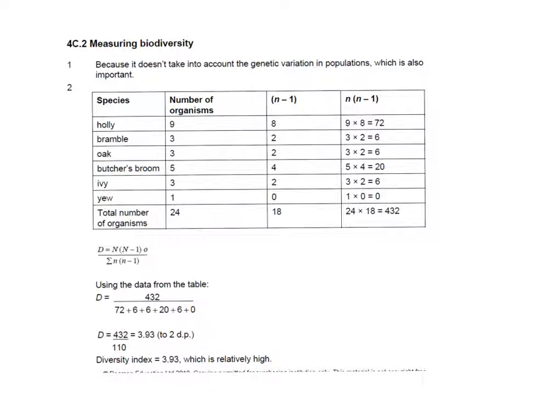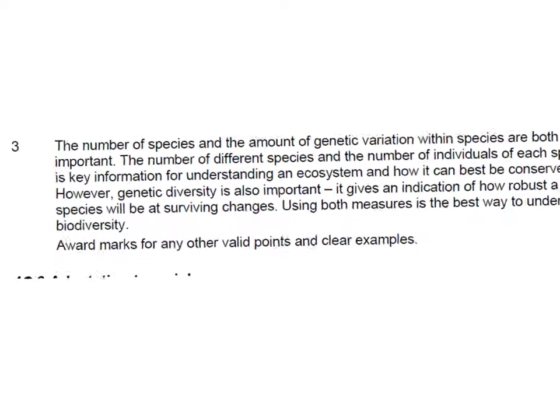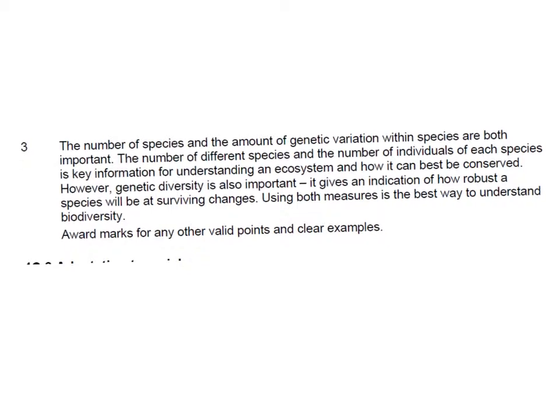Question 3 was asking, using the information supplied and other sources, discuss why it's important to measure both species richness and genetic diversity to give a full picture of biodiversity. The number of species and the amount of genetic variation within species are both important.